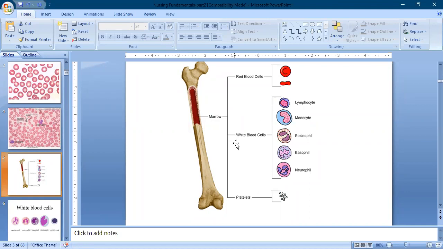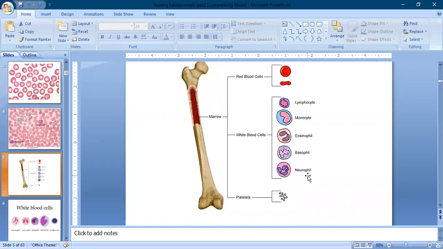So white blood cells protect your body from infection, right? This is the type of white blood cell. One is called lymphocyte, monocyte, eosinophil, basophil, and neutrophil.